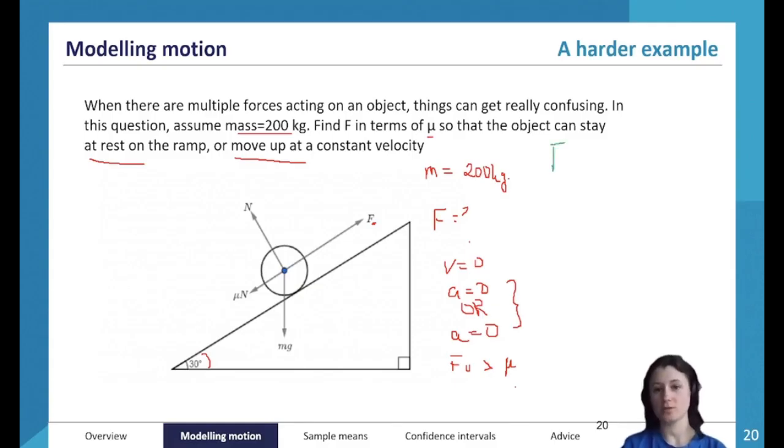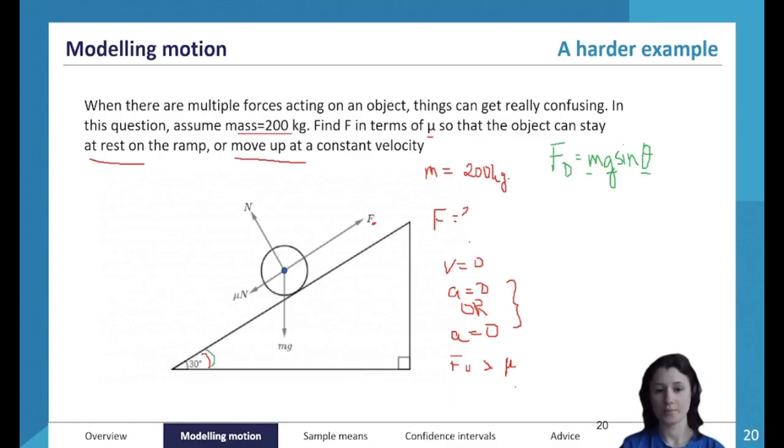So the force, I'll just call it force down the plane, is equal to mg sine theta, where m is the mass of the object, g is 9.8, acceleration due to gravity, and theta is the angle of incline.